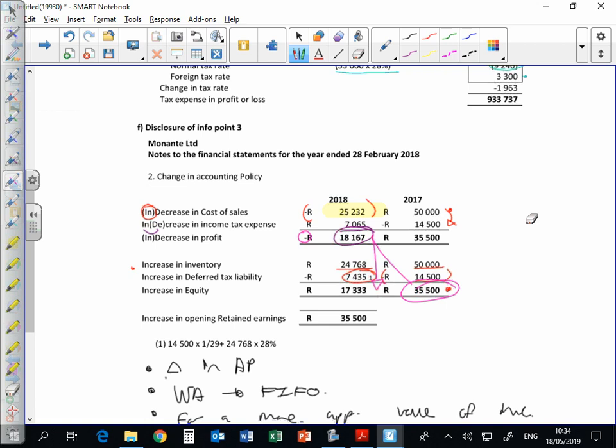You guys will see that this does not necessarily agree with my journal entry. What I did there is I added the 500 Rand from that tax rate change. Right, so it's the 24,700 times the 28% plus the 500 Rand from my tax rate change to get it to balance. Are you guys happy? Questions? Fine.